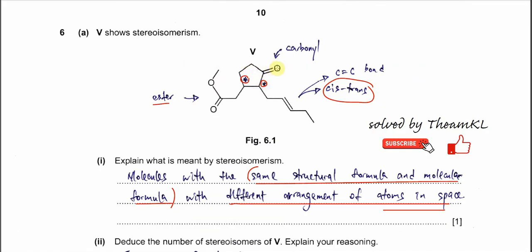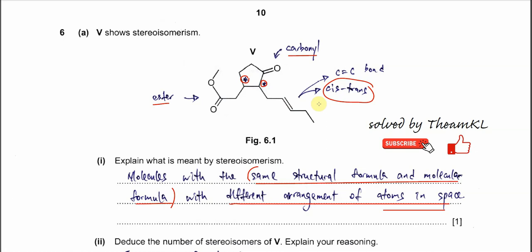But if you want to give a better answer for functional group, whenever you see a ketone or aldehyde, the functional group is carbonyl. And when you see a CC double bond, of course, most of you will say alkene. It's actually nothing wrong.